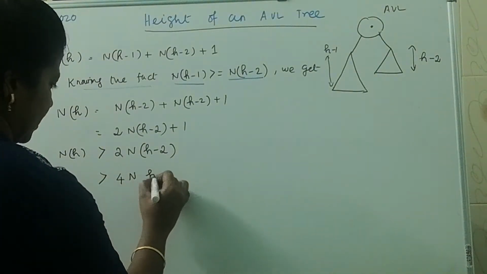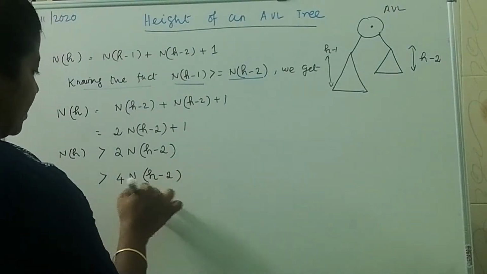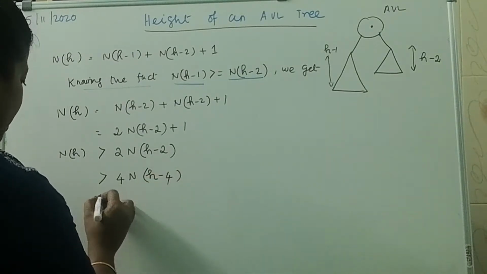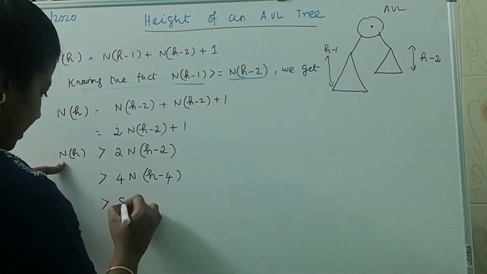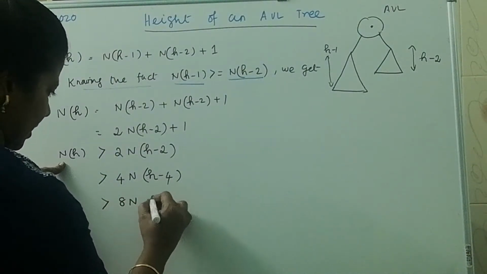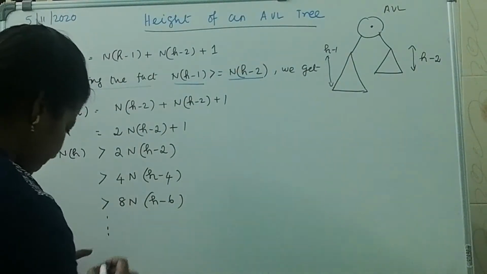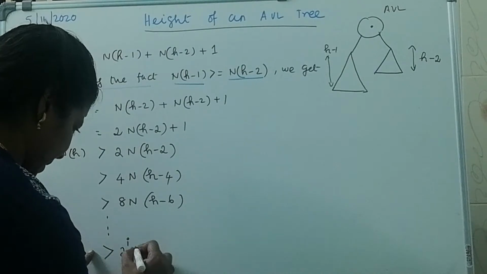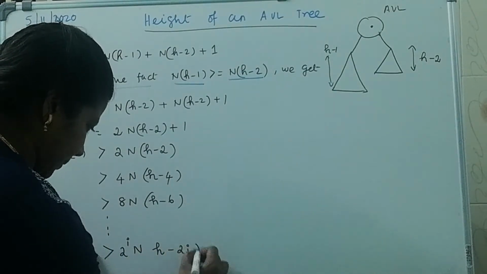From this I can write, this is also greater than 4n of h minus 4. Similarly I can write this n of h is also greater than 8n of h minus 6. So I can write this in the form 2 to the power i, n of h minus 2 into i.